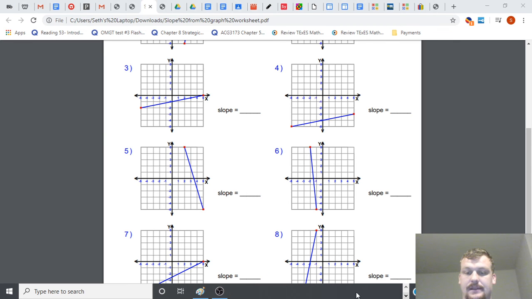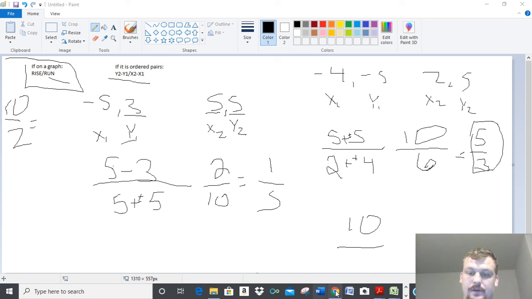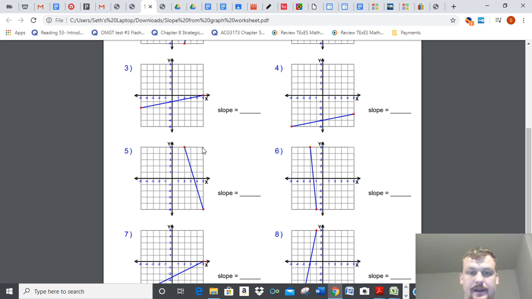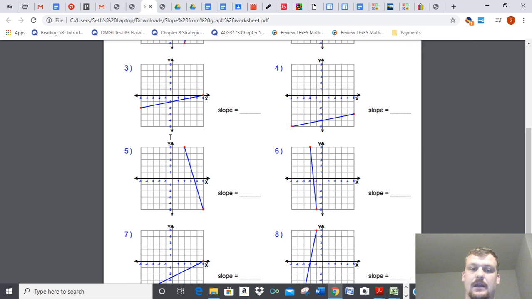So if you were going to write that, it would be 10 over, and now you just have to calculate the run. We were right here because we were even with it. Now we just count over. 1, 2, 3. So it would be 10 over 3, but 10 over 3 wouldn't be the right answer because this is a negative slope.